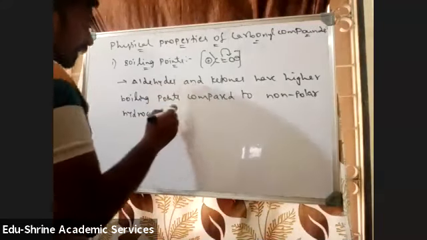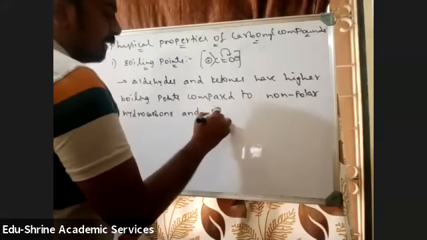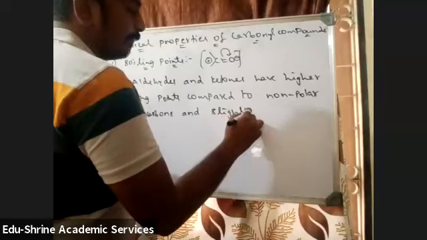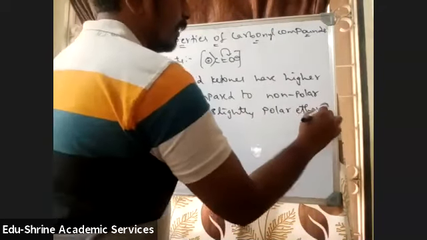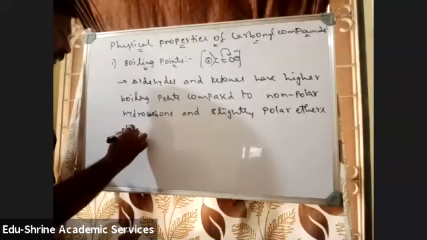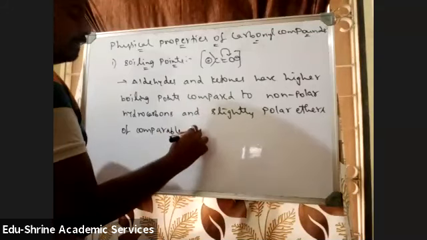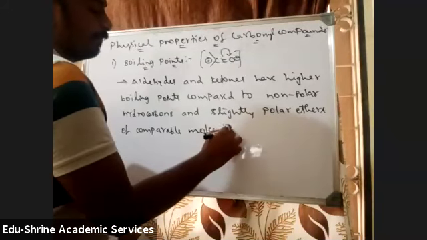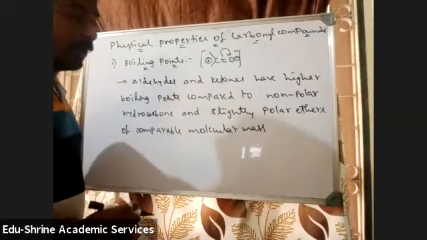So compared to non-polar hydrocarbons and slightly polar ethers of comparable molecular mass, as these are more polar, they will have higher boiling points and melting points.